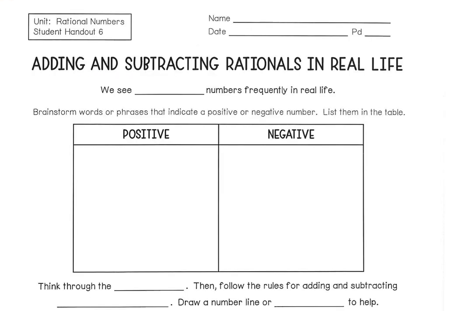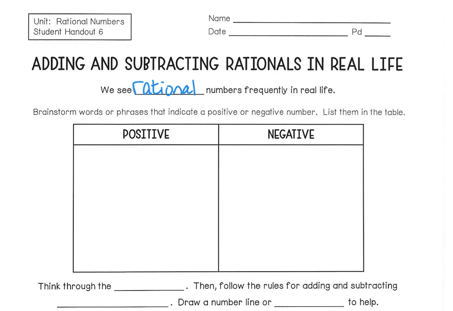All right. What I think is most important here is talking about real life problems. We see rational numbers frequently in life. When you're, let's say, baking, you use half cups, 3/4 cups.